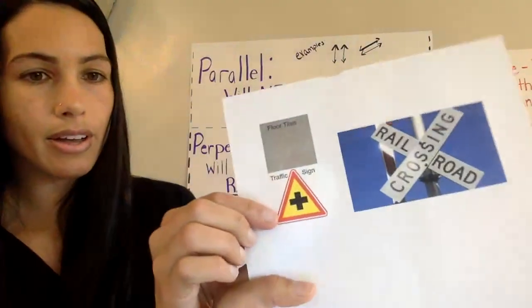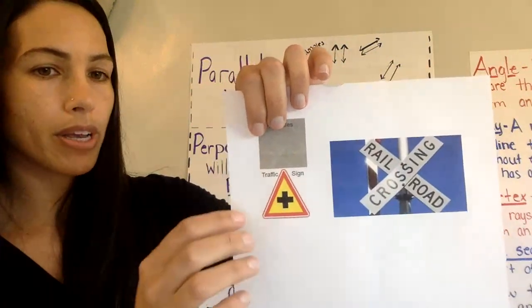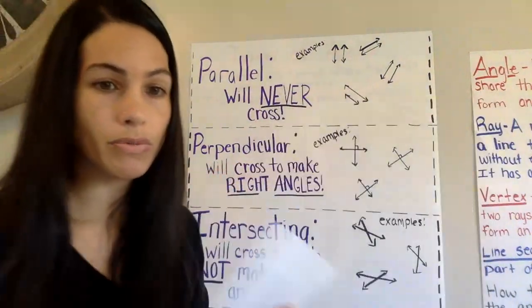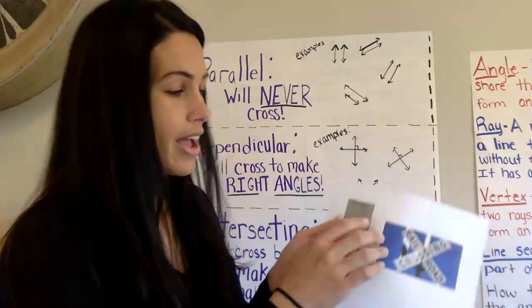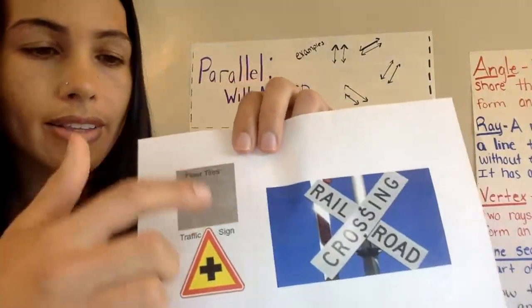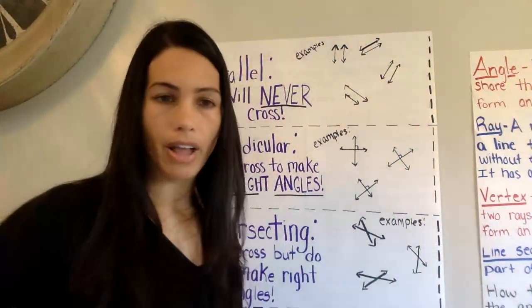Another one is a symbol. You might see this sign somewhere on the road. There's perpendicular lines in that symbol. Also, the floor tiles. If you have tile in your house, go look at the tile and notice, this is a very bad picture, but notice that the grout in between them, they cross and make perpendicular lines.